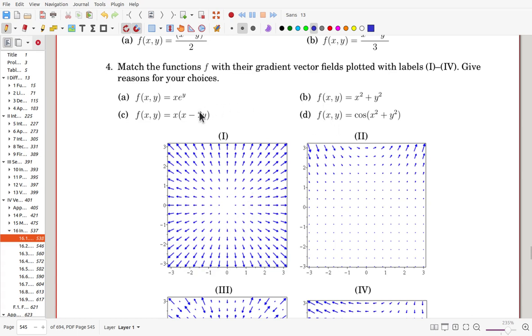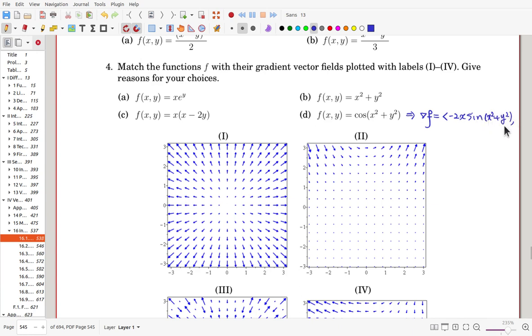Let's consider one of them. How about D? Then you have to match the gradient of this function with the figure of the vector field. So for this one, the gradient of f, the x derivative will be minus 2x times sine of x squared plus y squared.